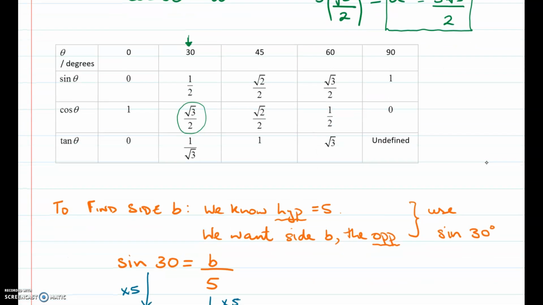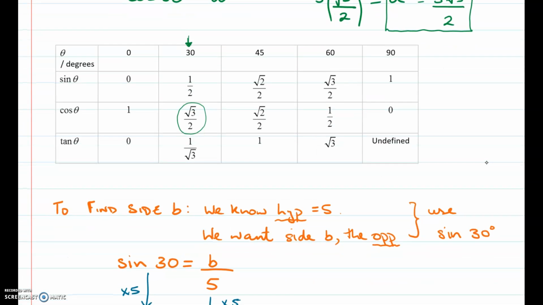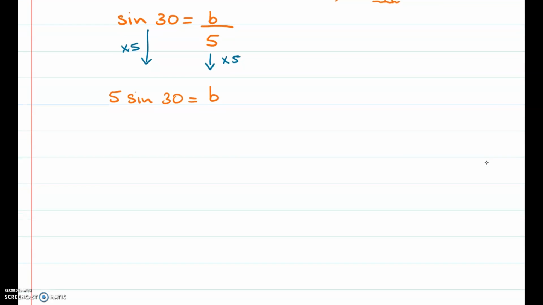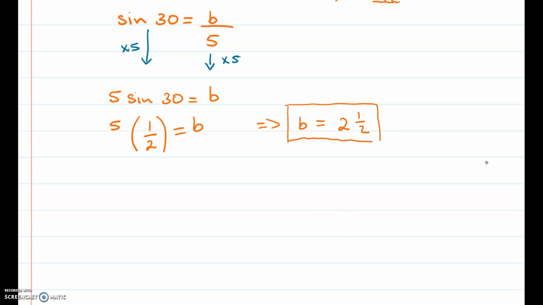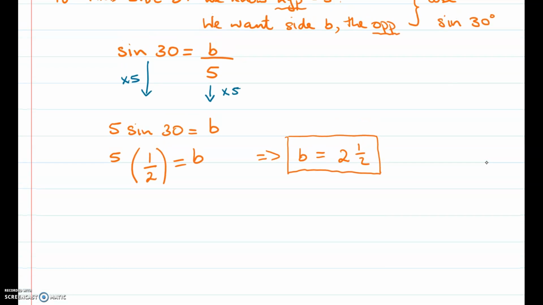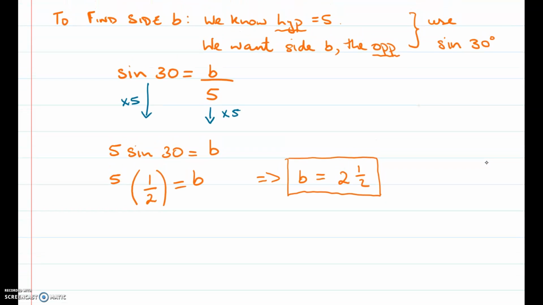So it's going to be 5 times sine of 30, which is 1/2. So it's 5 times 1/2 is equal to b. That means b is equal to 5 over 2, 2.5. b is equal to 2 and 1/2. Since there were no units given in the original triangle, there are no units here. But it could be centimeters, inches, feet, any unit of length.